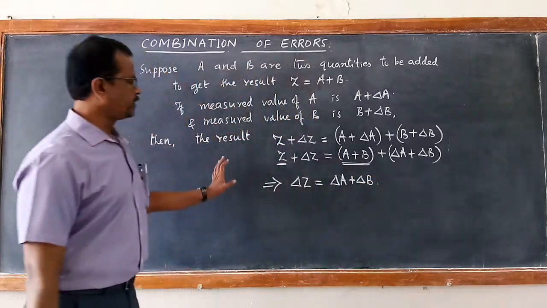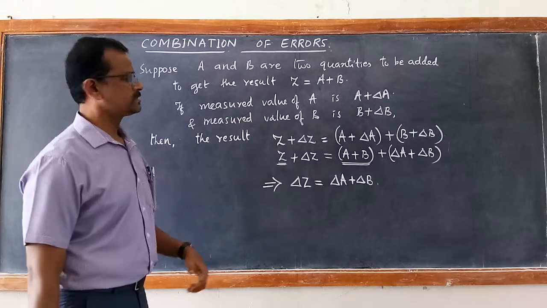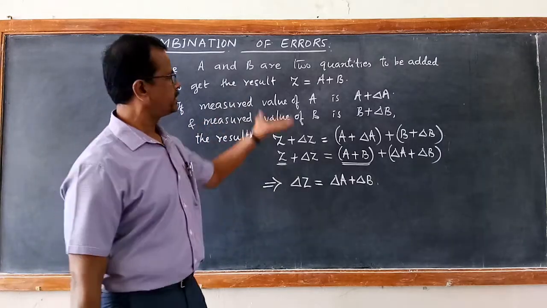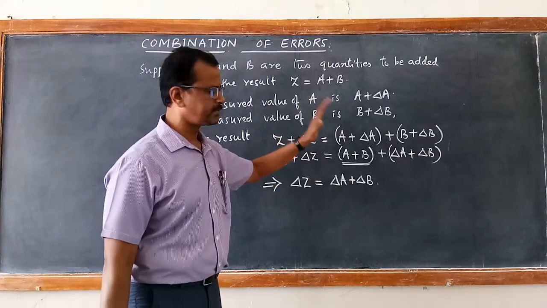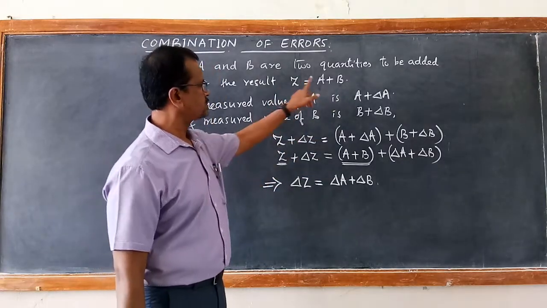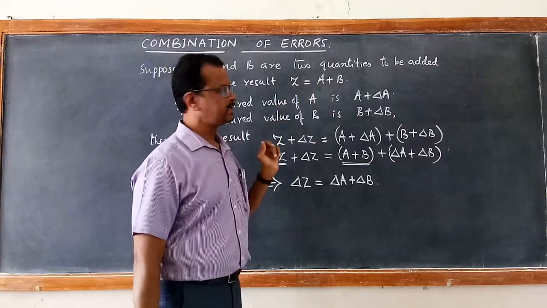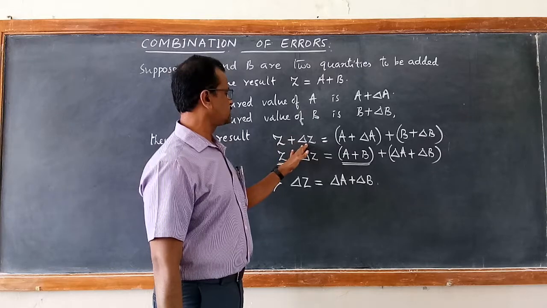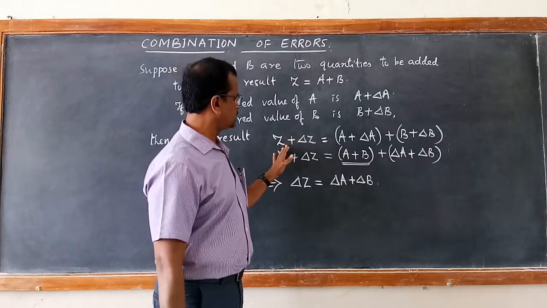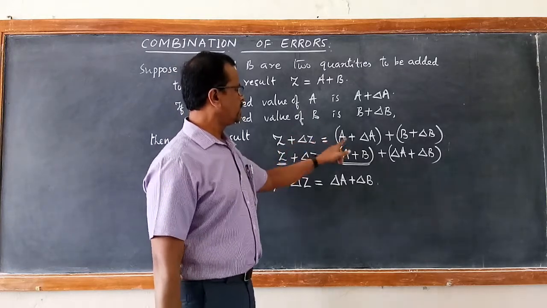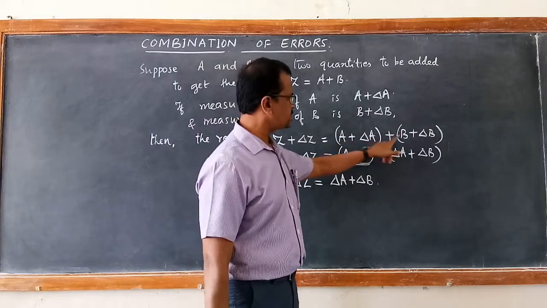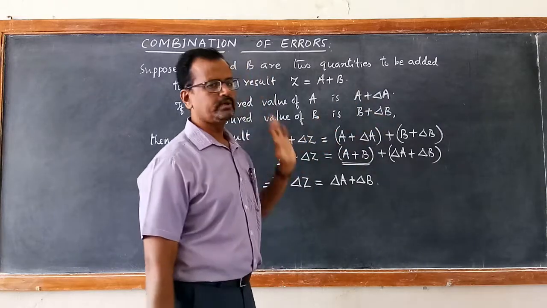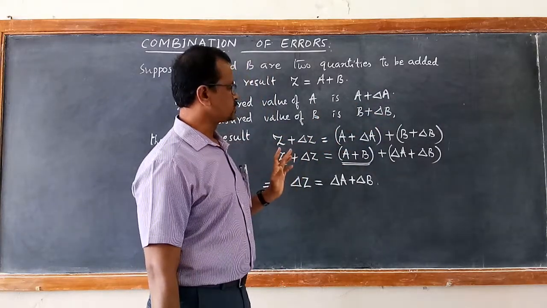So what do you understand from this simple analysis? Whenever two physical quantities are to be added, the same thing goes for subtraction also. Suppose it is A minus B, then Z plus delta Z is equal to A plus delta A minus B plus delta B, where delta A and delta B are the absolute errors in A and B respectively.